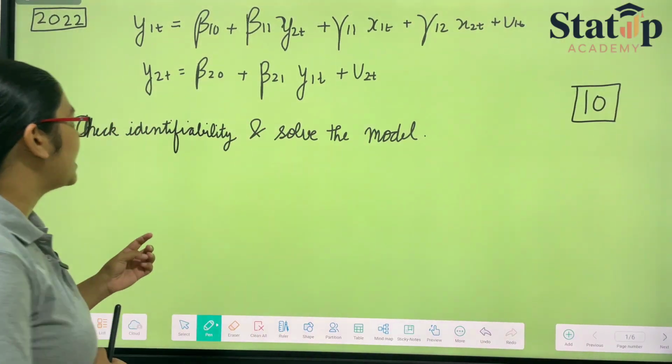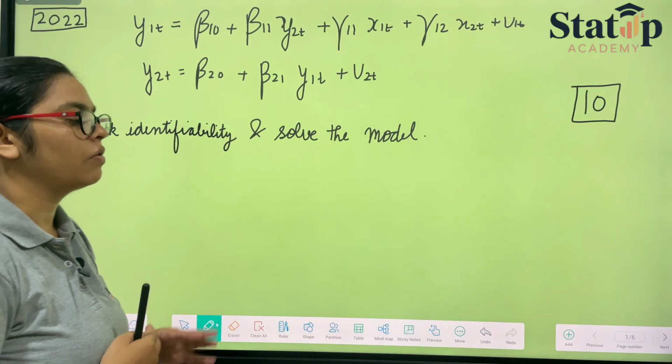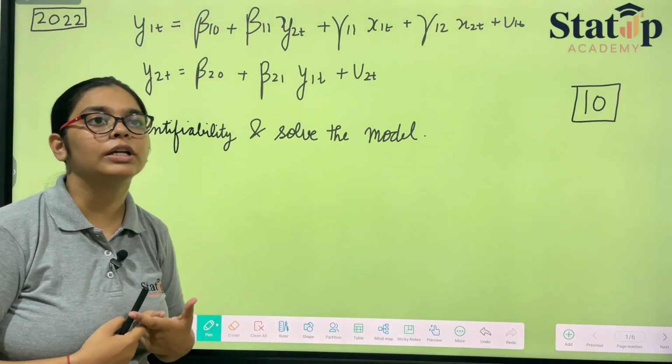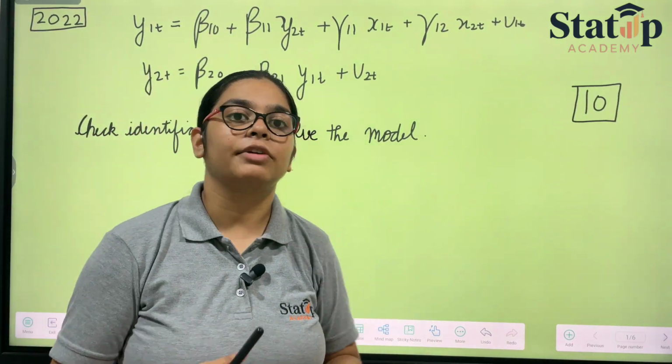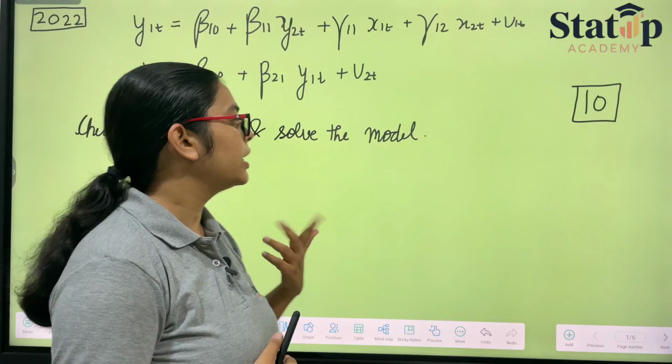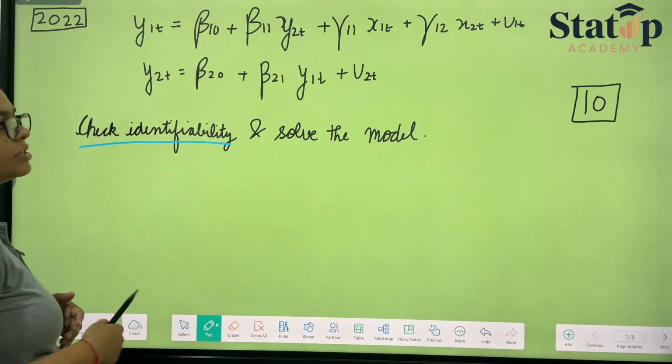The question says that we have to check the identifiability of both the equations and hence solve the model. Solving the model by the 2SLS method and 3SLS method we will do in tomorrow's class, but in today's class, we will check the identifiability of this model.